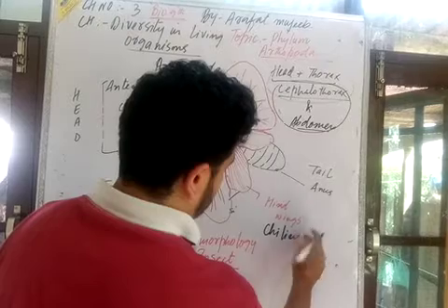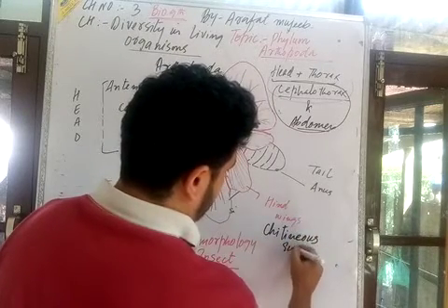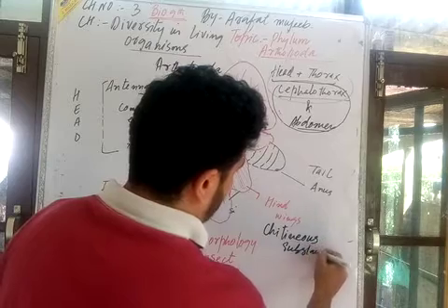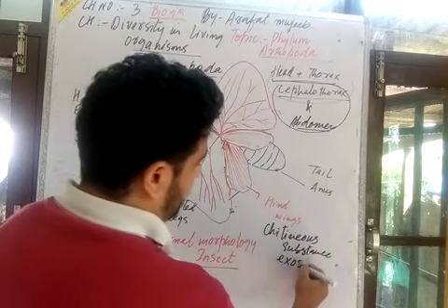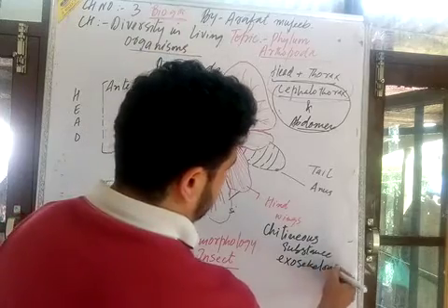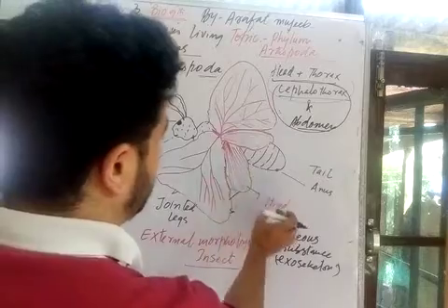Chitin material, which is also considered as a part of the exoskeleton. It is the hind wings.